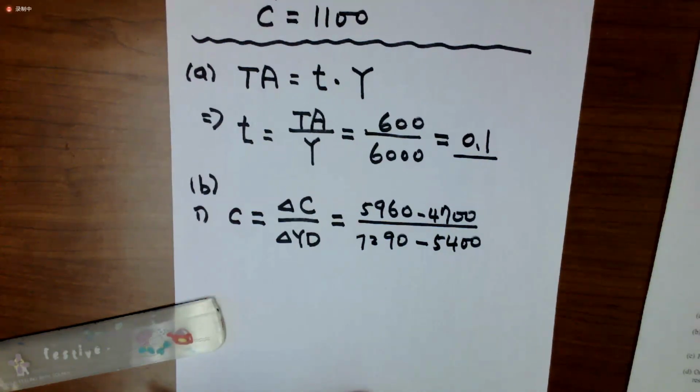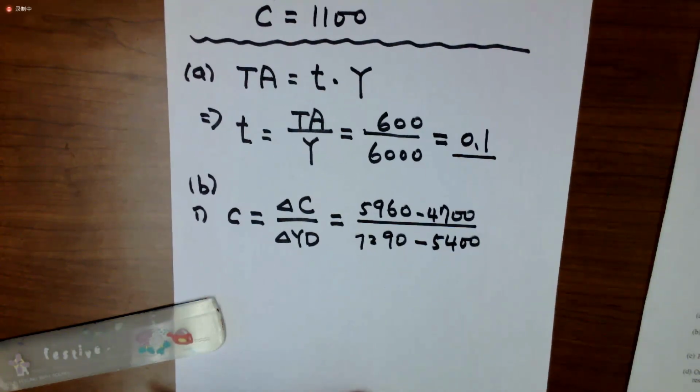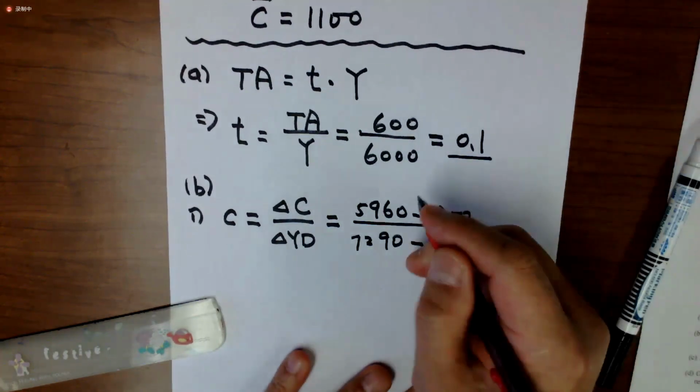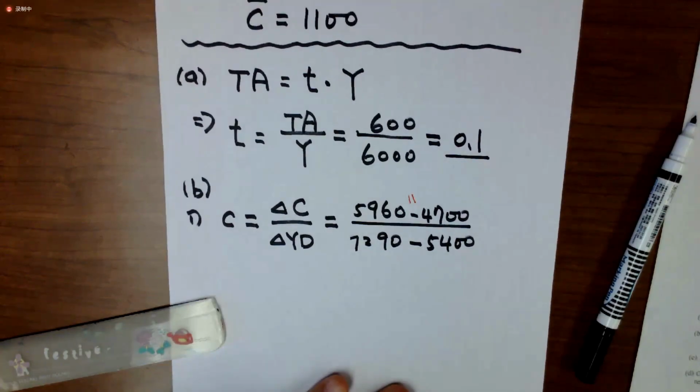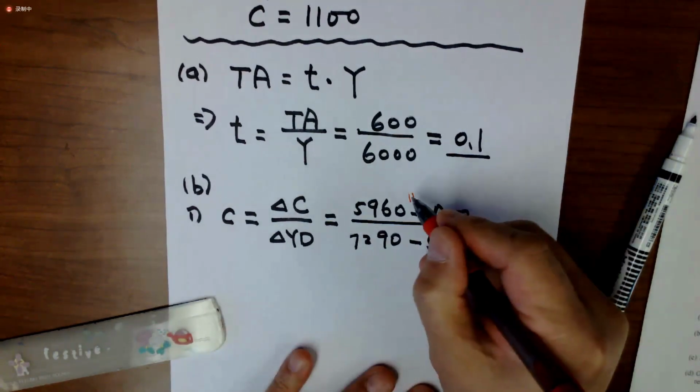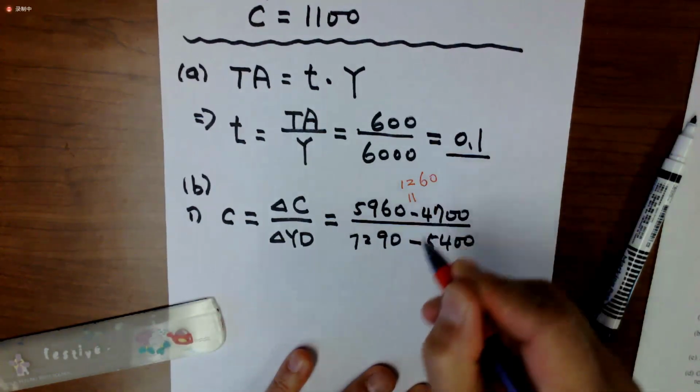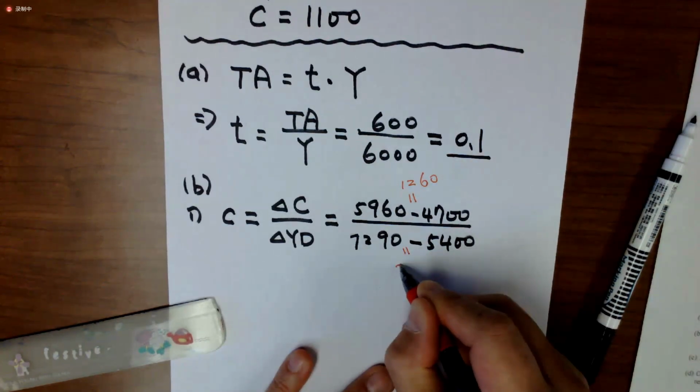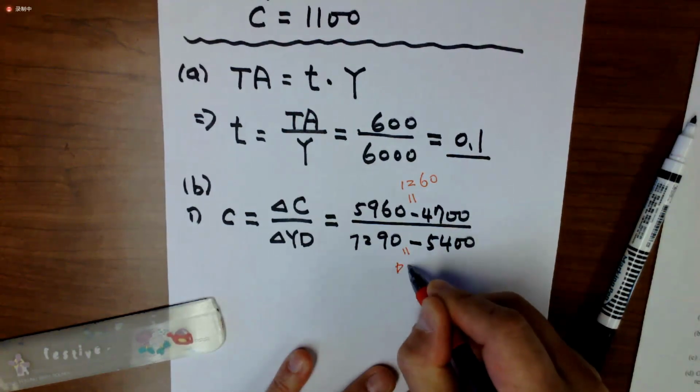So you find out the top is 1260. The bottom is 1890.